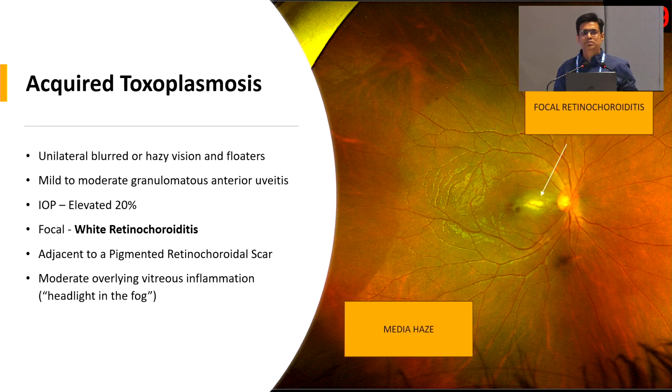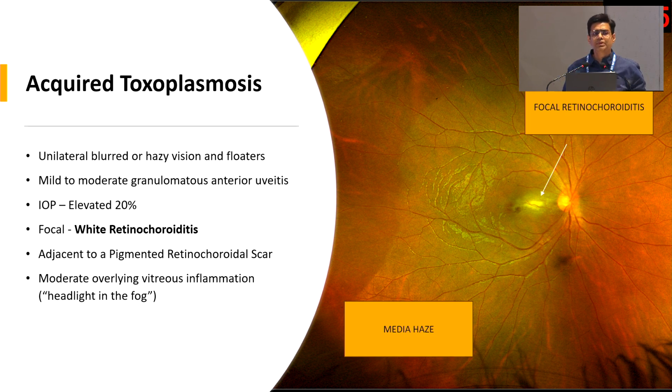The other, more common form is acquired toxoplasmosis, where the patient might present with unilateral blurred vision or floaters. In the anterior chamber, you will see some anterior chamber reaction, either granulomatous or non-granulomatous. The IOP is said to be raised in around 15-20% of patients.